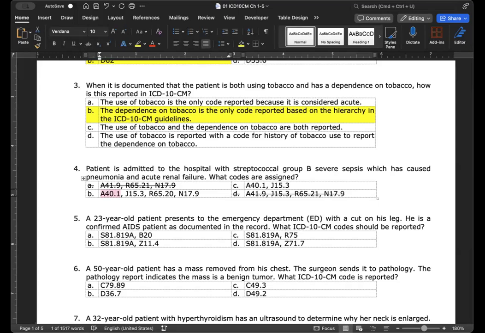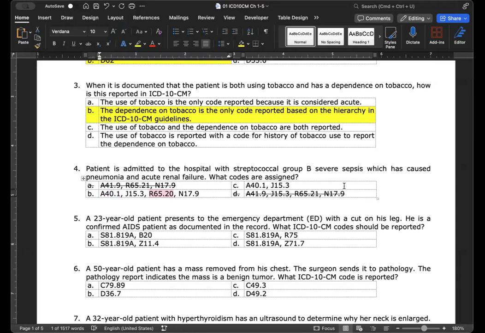And then Dawn says that it should be R65.21. Where is our septic shock coming in from? I'm sorry, that was a mistake. You are fine. I just wanted to make sure you were on the right path. So we do need the R65.20 because it does indicate that they have severe sepsis.